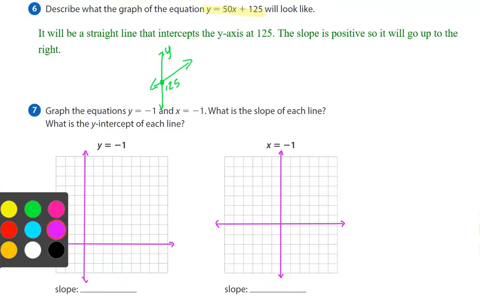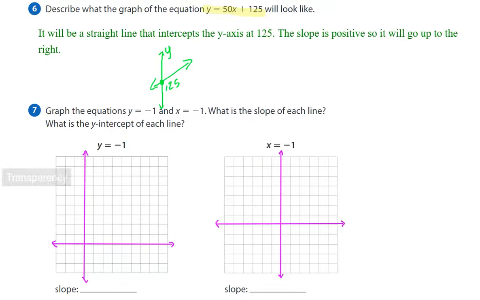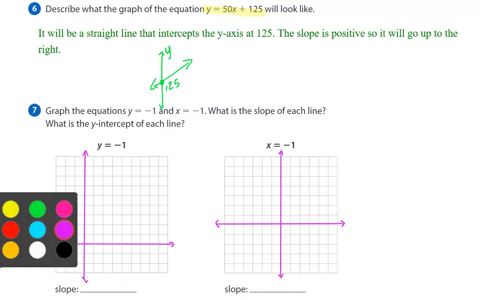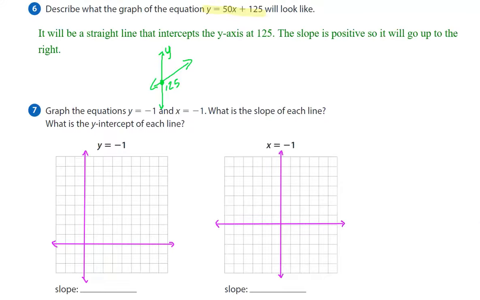Okay, my first line, y equals -1. Okay, I need to label this. So this is 0. This will be 1, 2, 3, 4, yada yada. So this is -1, -2, -3, and it says y is -1. So I'm going to just draw a line going right through there.